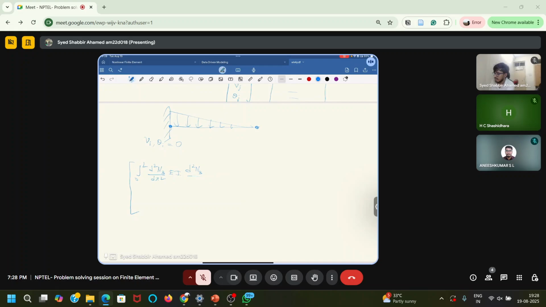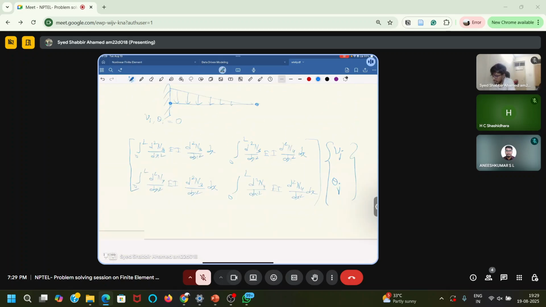So this will be integral of d square N3 by dx square, EI, into d square N3 by dx square dx, and d square N3 by dx square EI into d square N4 by dx square dx, and integral d square N4 by dx square EI into d square N3 by dx square dx. And d square N4 by dx square EI into d square N4 by dx square dx, into Vj and theta j, because we know that Vi and theta i are zero.